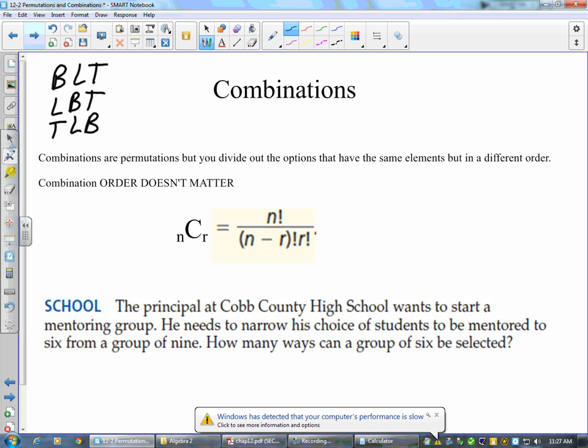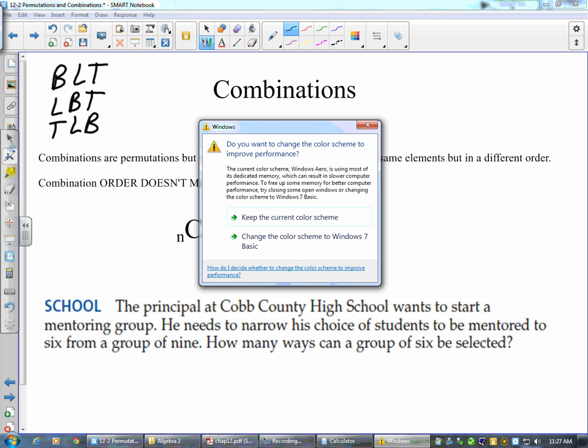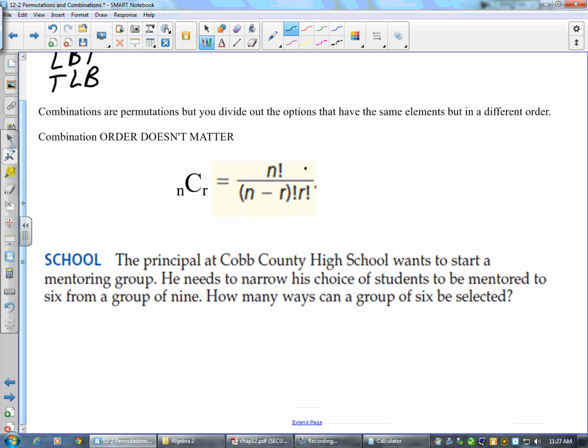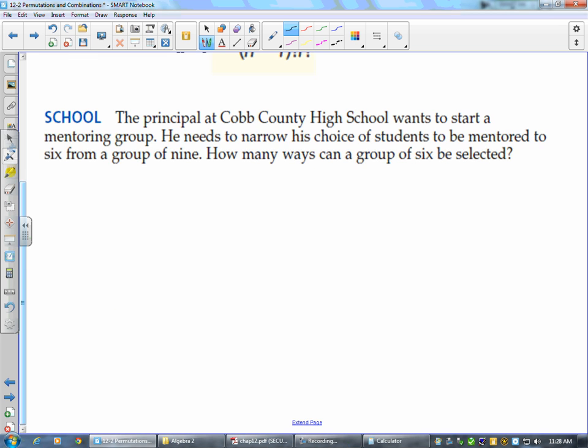And so the r factorial gets out all those same different options of your BLT. That's the same sandwich. So looking at this, the principal at Cobb County High School wants to start a mentoring group. He needs to narrow his choice of students to be mentored to 6 from a group of 9. How many ways of the group can he be selected?